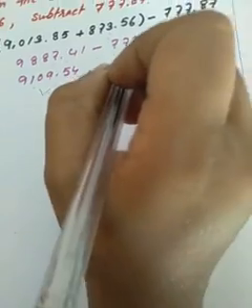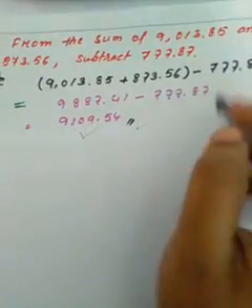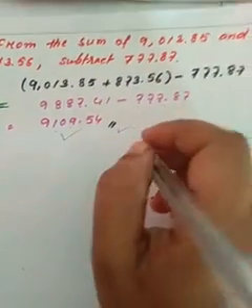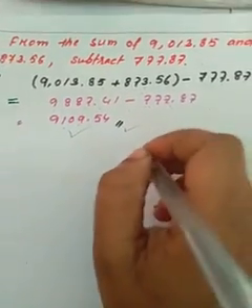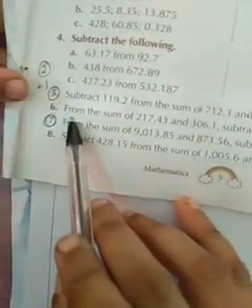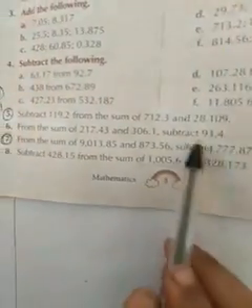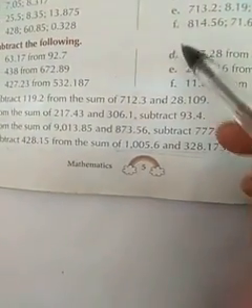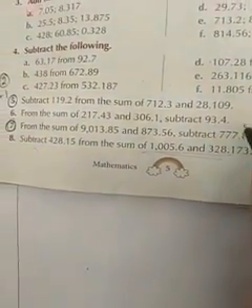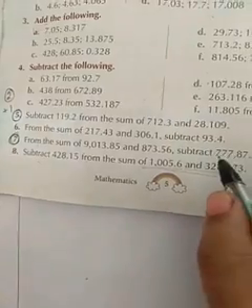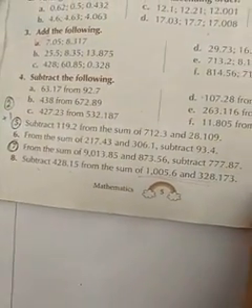Alright children, if you want you can arrange the column form, then you solve it. Okay, and this number 7 is similar to number 6. You can see from the sum of these two subtract this one. So I hope it's clear to you now how you can add and subtract decimal numbers. So the rest of the sums can be solved by yourself. Thank you.